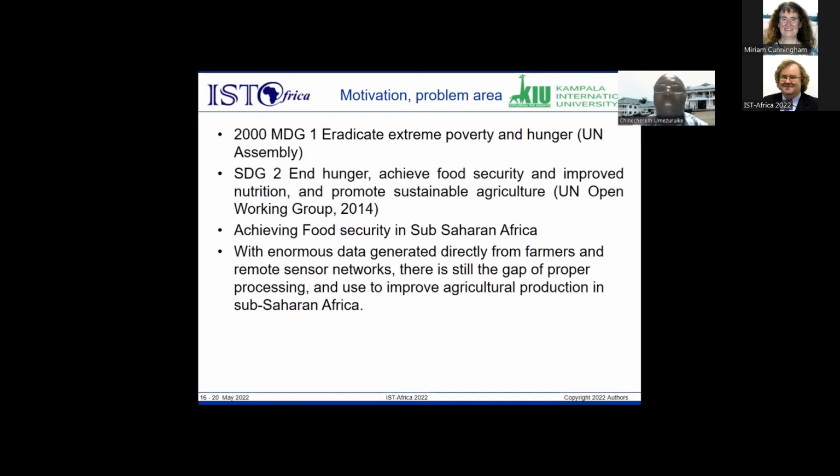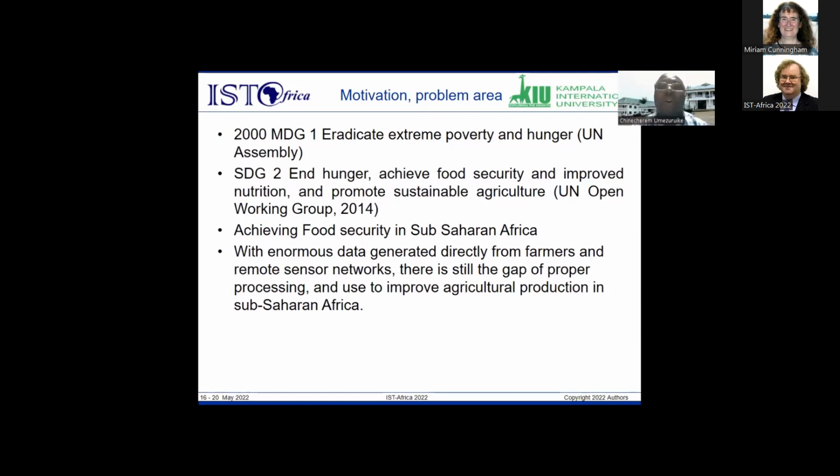This enormous data is generated directly from the farmers, whom we call smallholder farmers, or from remote sensors, in the area of embedded technology in agricultural production using the Internet of Things. And there is a gap in the proper processing and use of this data to improve agricultural production.